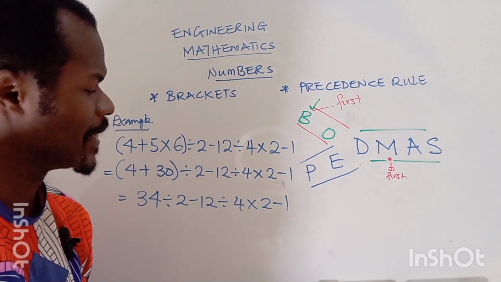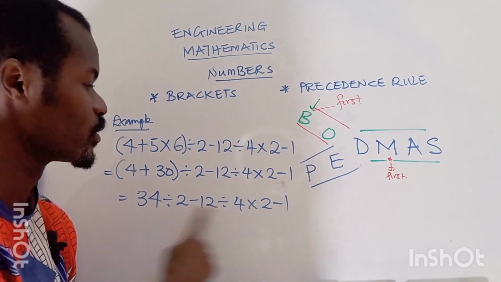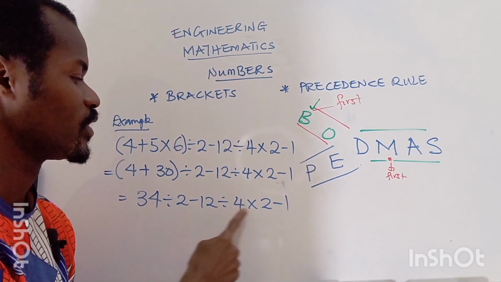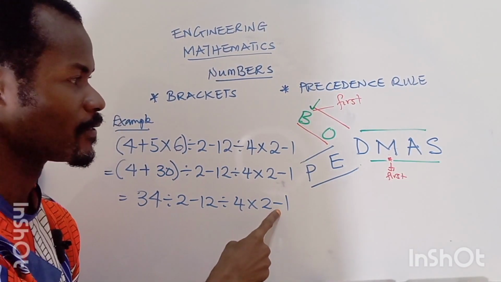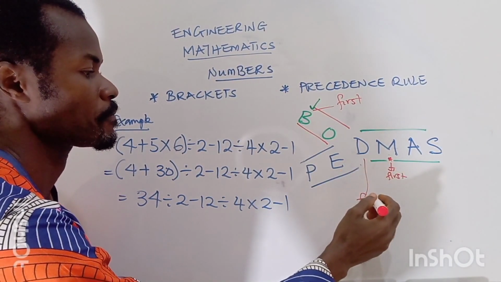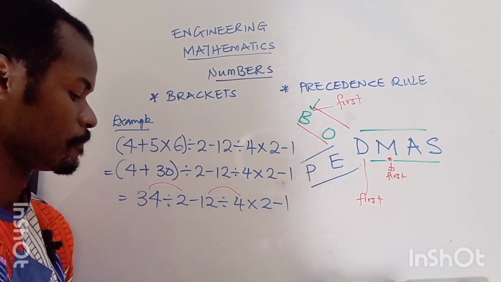All right, so now the next thing we want to look at again is back to our precedence rule from left to right. What comes first? We have division, subtraction, multiplication, and subtraction. So we know that from the precedence rule, division comes first. So we want to treat this division and this division.